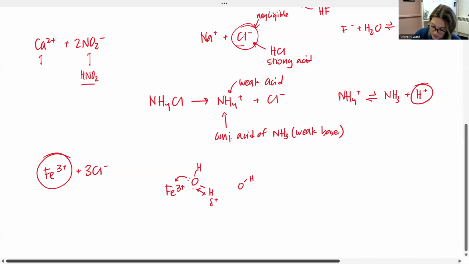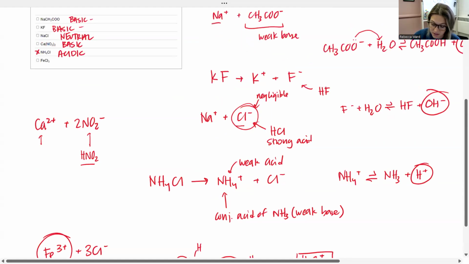So much so that another water comes along and swoops it. Okay? And we wind up generating some H3O plus, which is what makes these solutions a little bit acidic.